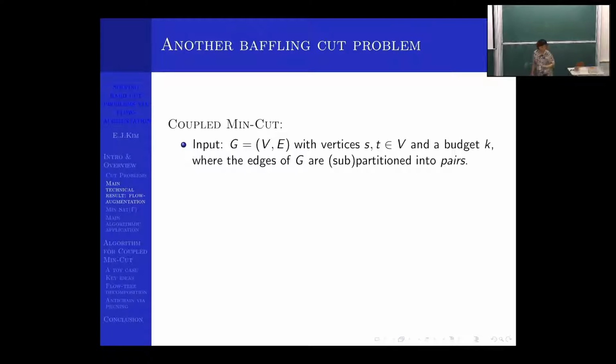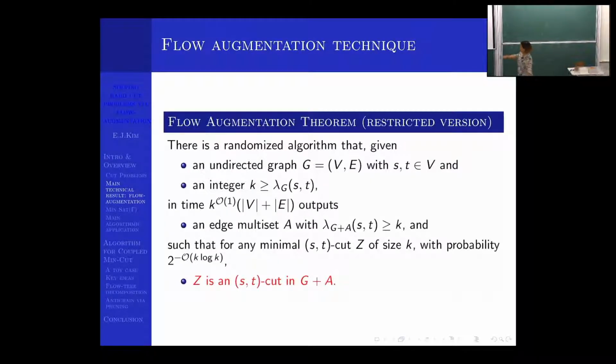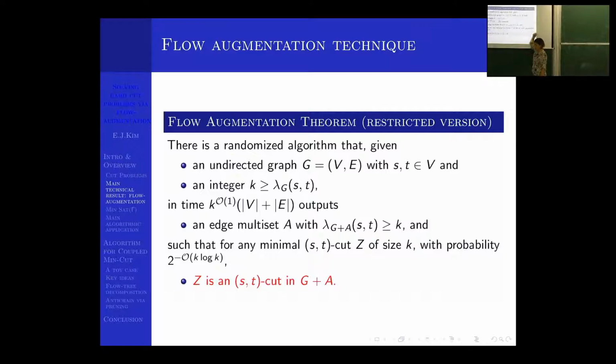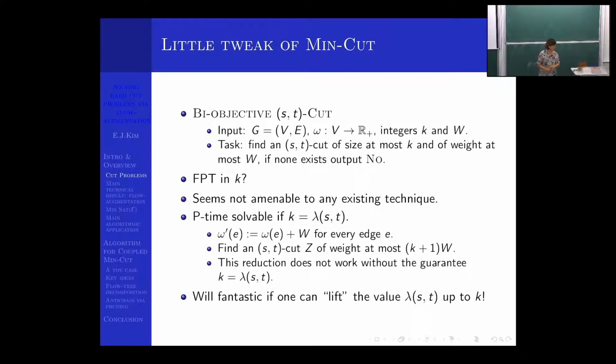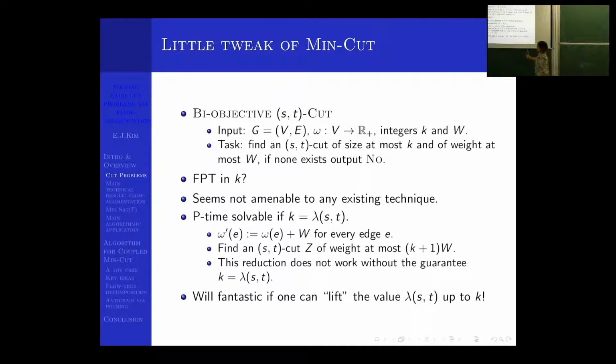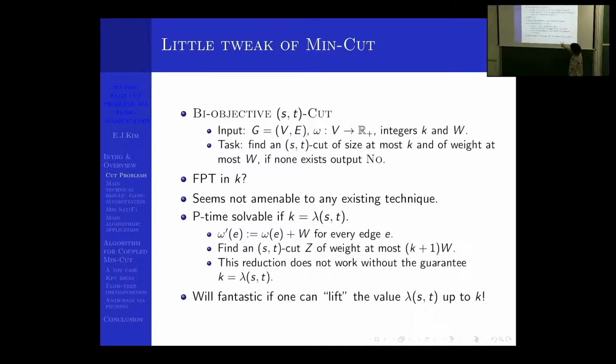Now we can apply this flow augmentation algorithm to the previous problem, the bi-objective ST cut problem, and make this minimum weight, minimum cardinality cut Z of size at most K be the minimum cardinality cut of the entire graph.